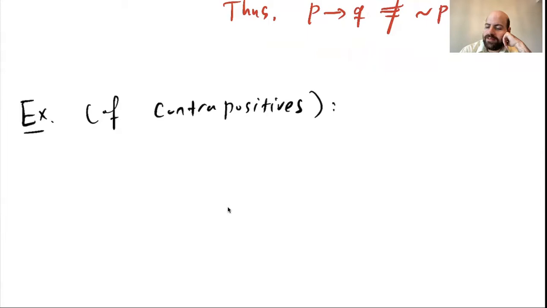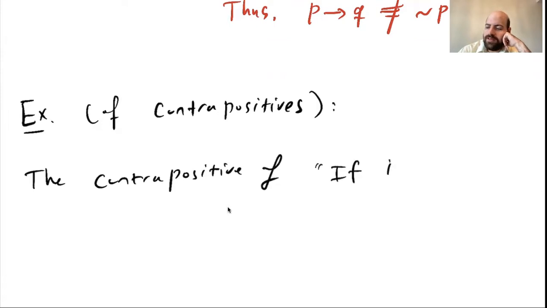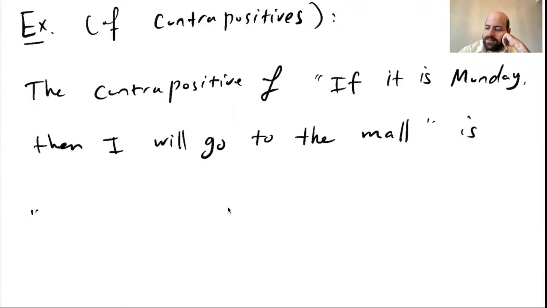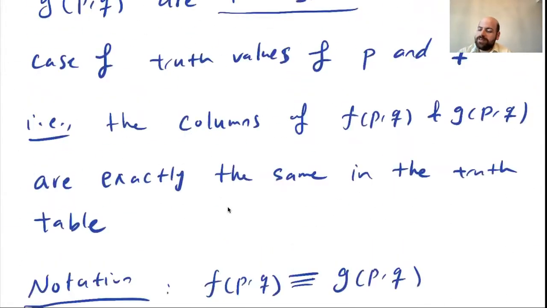The contrapositive of "if it's Monday, then I'll go to the mall" is, so P implies Q, the contrapositive, let's remind ourselves.